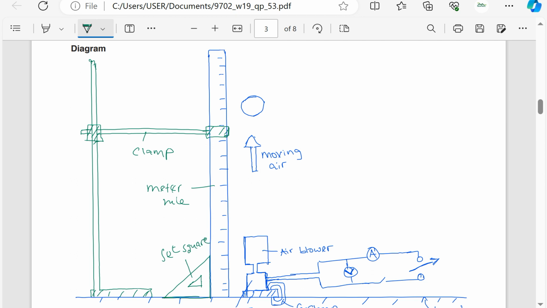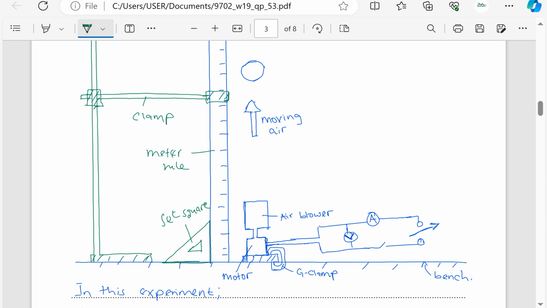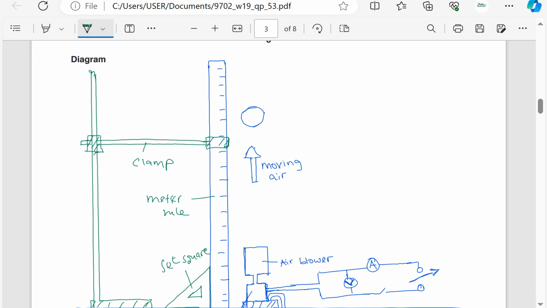All these additional details I've given you marks. I've clamped the ruler, that is one mark. I've used a set square to show that the ruler is vertical, that is the second mark. I've put a power supply, that is the third mark. I have fixed the motor onto the table so that in case it is working and shaking, the apparatus does not move, that is another mark. Those marks are given for additional details.